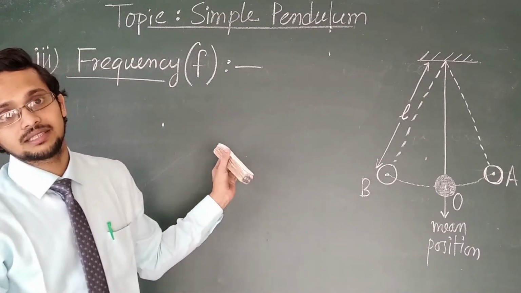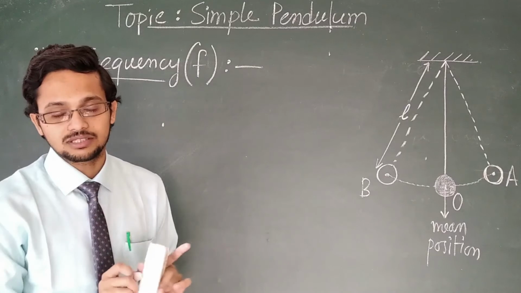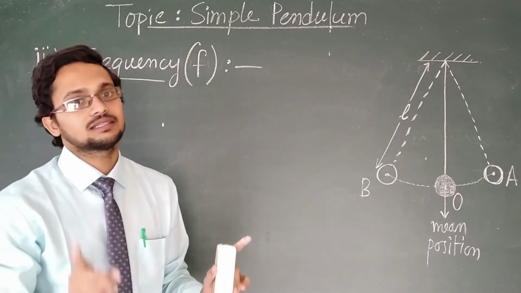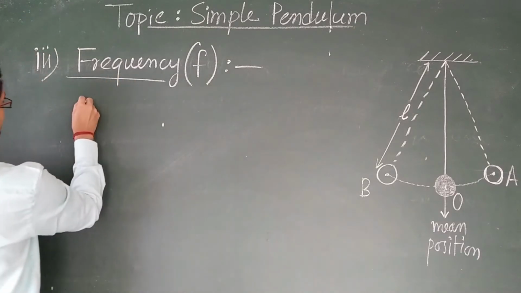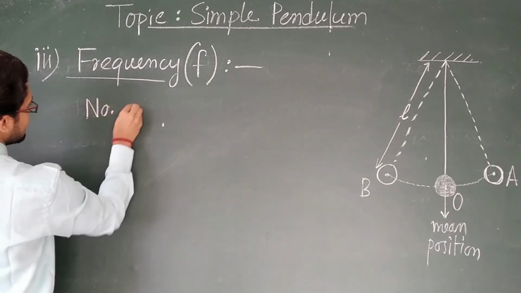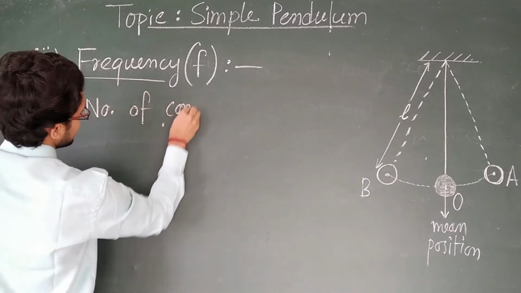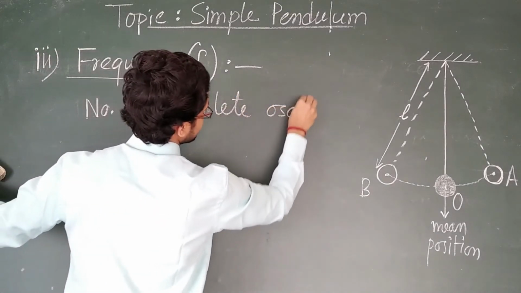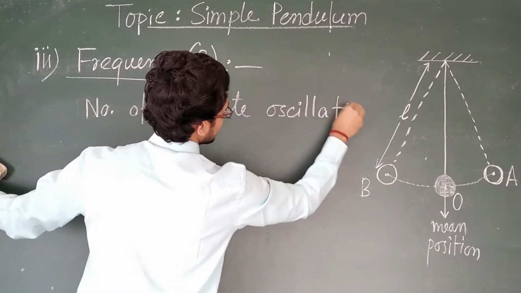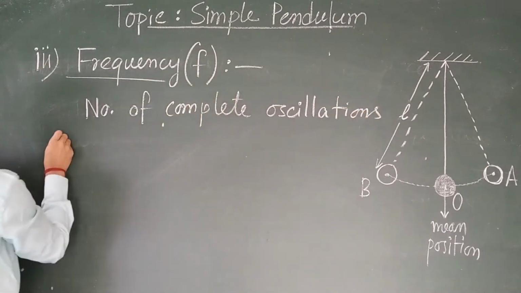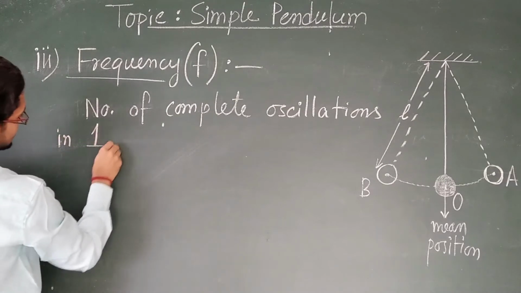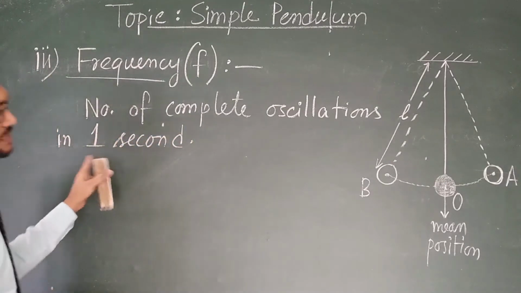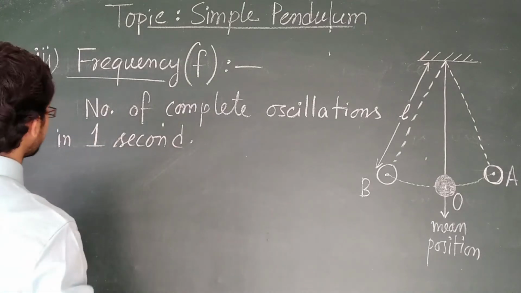Time period means the time for one complete oscillation, and frequency means the number of complete oscillations in 1 second.